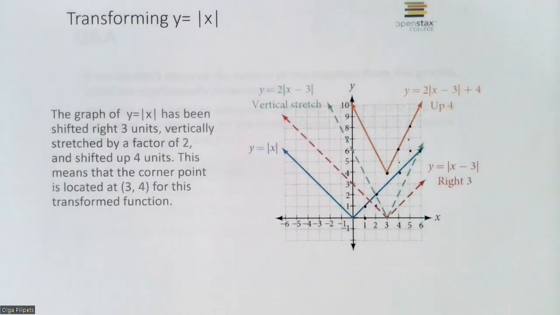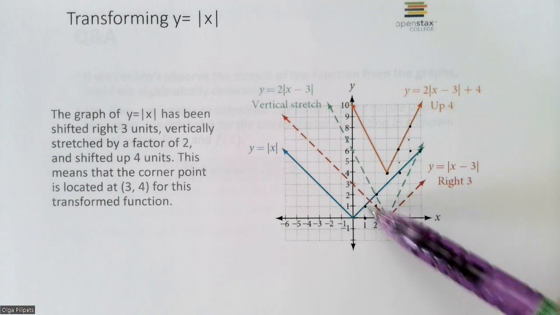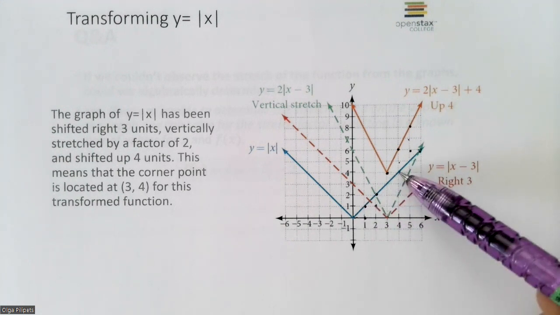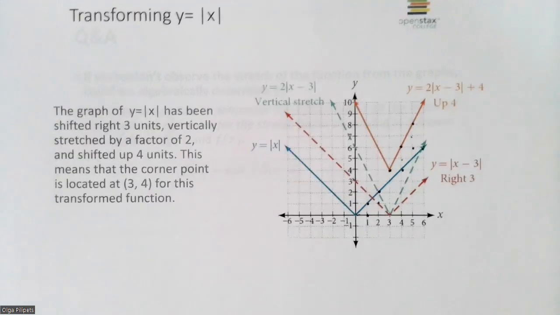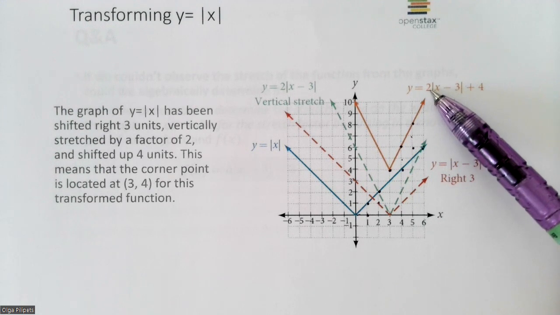So it grows twice as fast as the blue line. Remember, the blue one has 1 step to the right, 1 step up, 1 step to the right, 1 step up. This one is 1 step to the right, 2 steps up, 1 step to the right, 2 steps up. So it grows twice as fast. So that means that our absolute value is multiplied by 2.